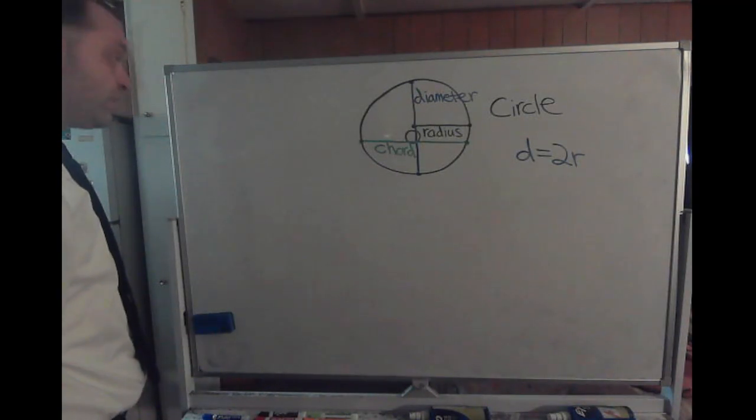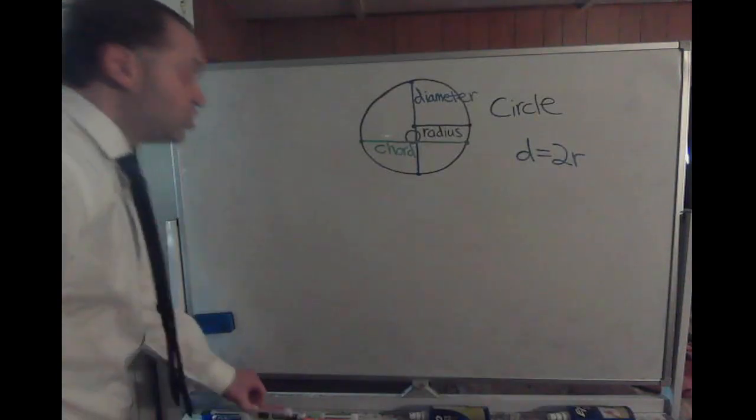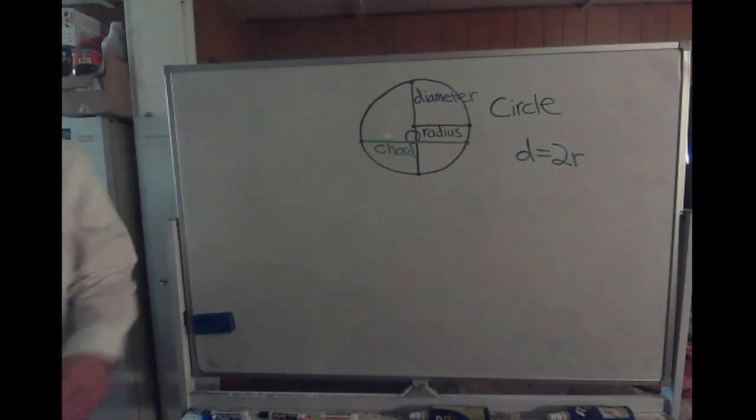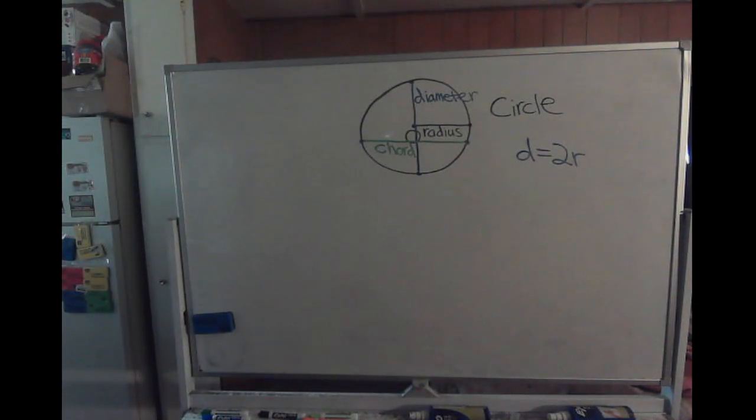Okay, so we've talked about a chord and a diameter. Now let's talk about a secant line.